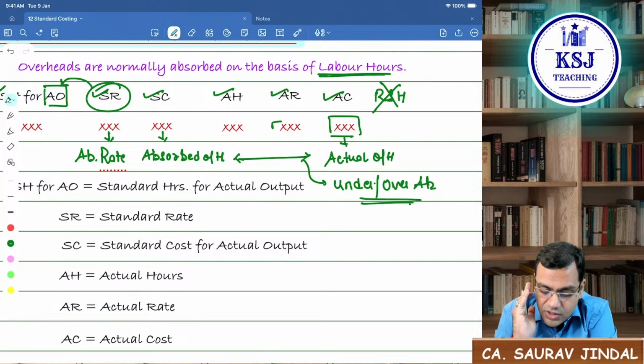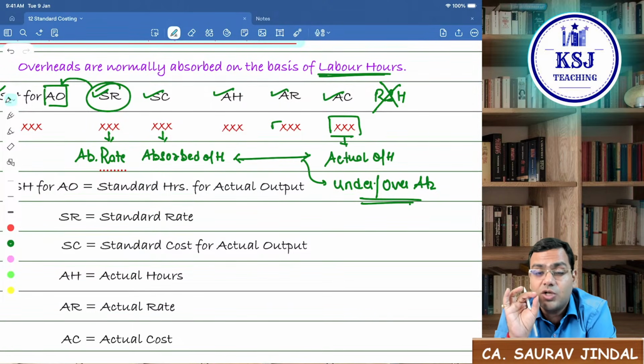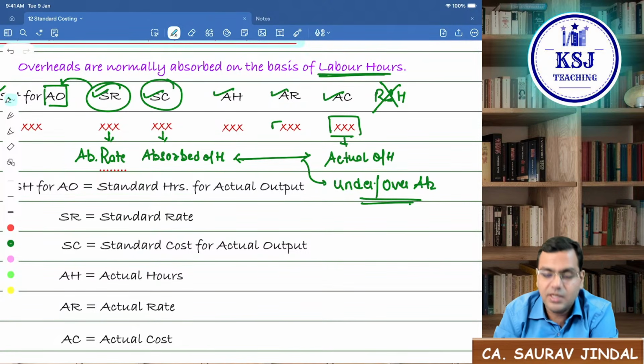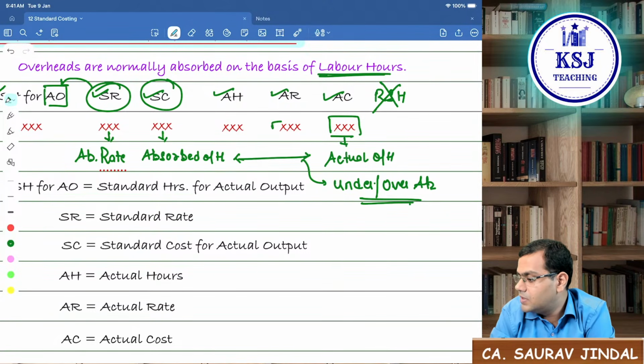Standard cost represents your absorbed overheads. If this kind of question comes in the MCQ, they might use the word absorbed overhead, and that should immediately strike your mind: the absorbed overhead means standard cost for actual output.